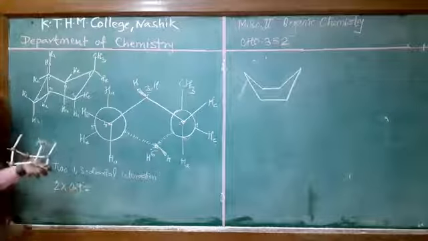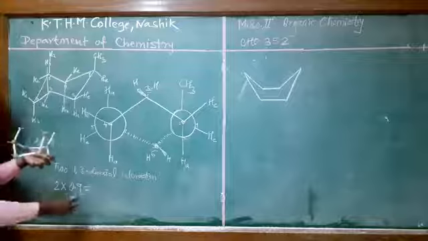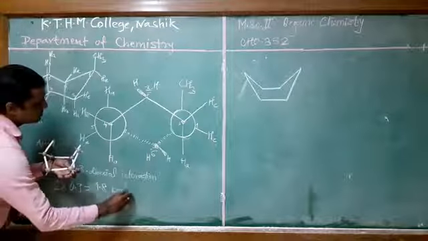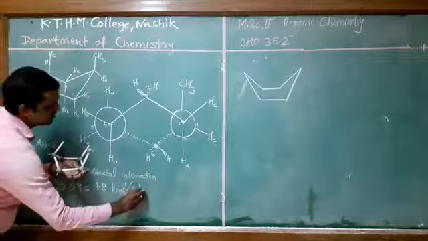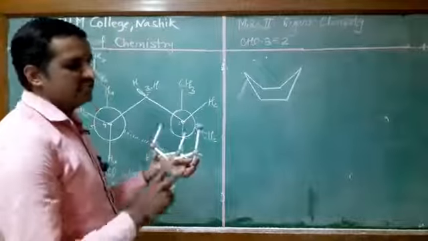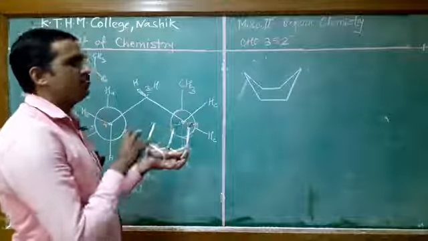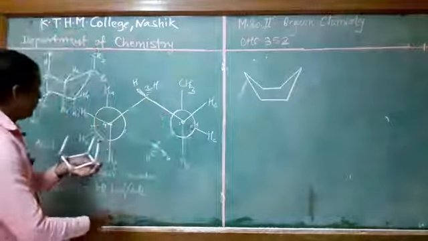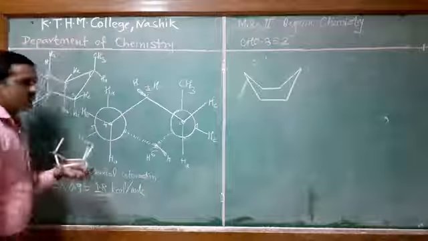So 0.9 into 2 is 1.8 kilocalorie per mole, which means each axial methyl group creates 2 1,3 diaxial interactions. Therefore, the energy contained for one CH3 in the axial position is 1.8 kilocalorie per mole.